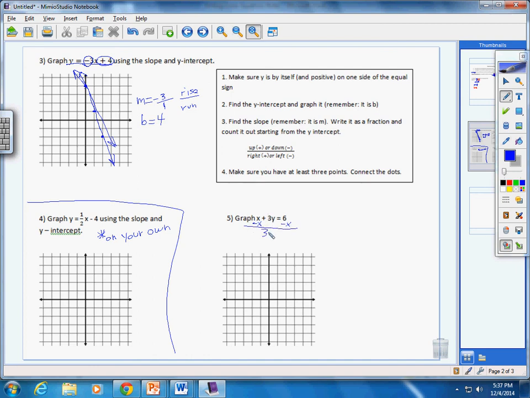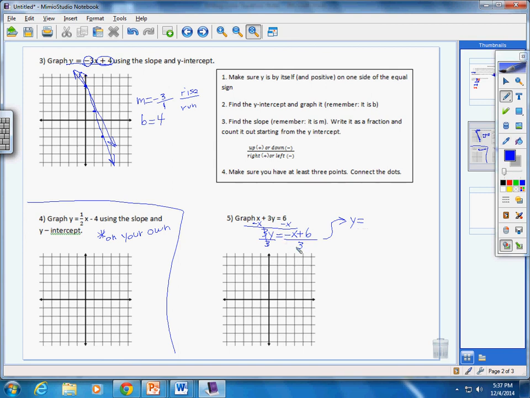We're then left with a positive 3y equals, and I like to put the x first, so negative x, and that's a positive 6, plus 6. Now to get y by itself, that's 3 times y, we've got to divide by 3 on both sides of my equation. I'm just left with y by itself, which is what we want.